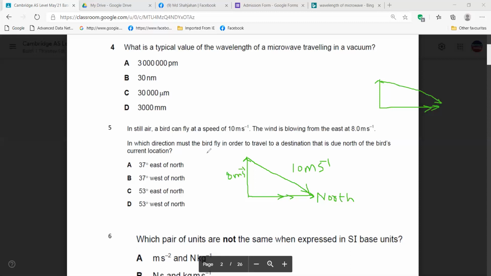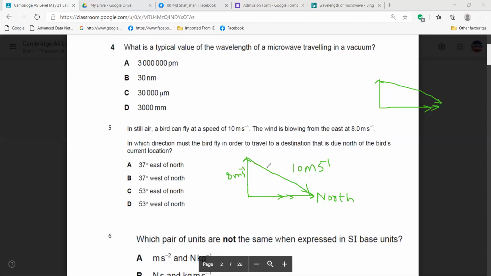They are saying in which direction must the bird fly? That means the speed of the bird is 10 meter per second. So to get this resultant, the bird must fly in this direction, right?